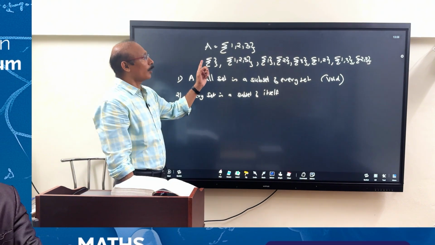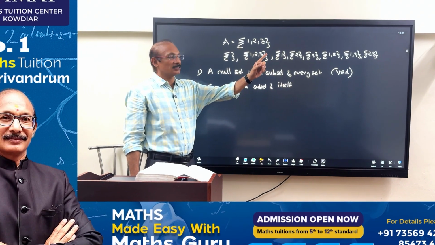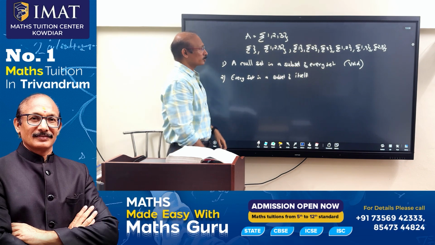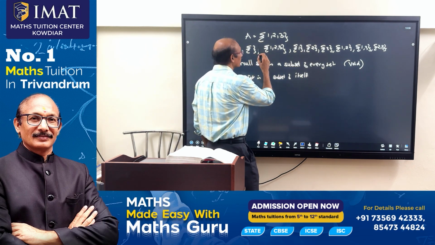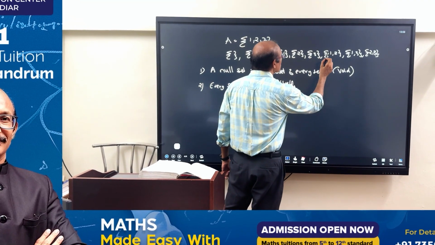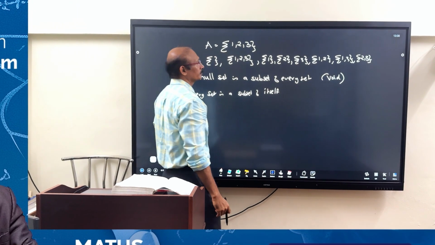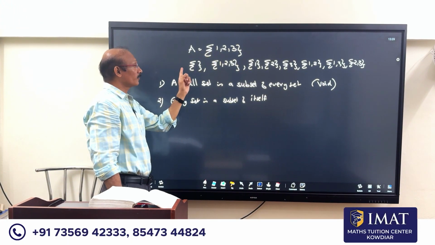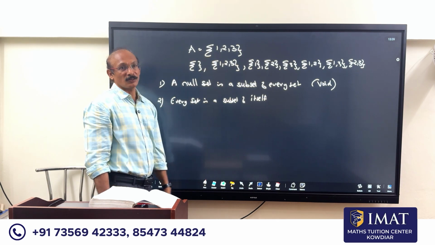So I have listed all the subsets of set A. Just count how many subsets there are: 1, 2, 3, 4, 5, 6, 7 and 8. A has 3 elements and we found that there are 8 subsets of this set.